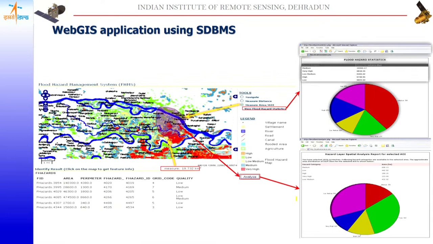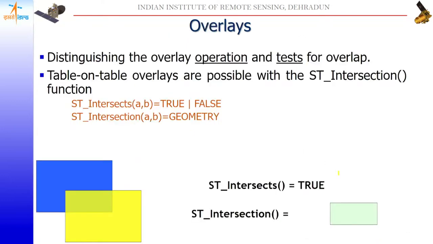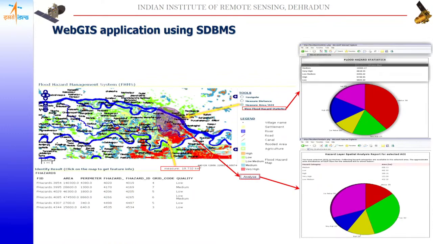I will give you one simple example. Let's say a flood hazard map in a web-based system. We allow the user to draw an area of interest. The user draws the area of interest, and then based on whatever he has drawn, we can use the power of this Postgres system and compute at the backend, based on this area and the flood hazard map, what portion of the area comes under the high, low, medium, and very high categories. All of this can be done on the fly.